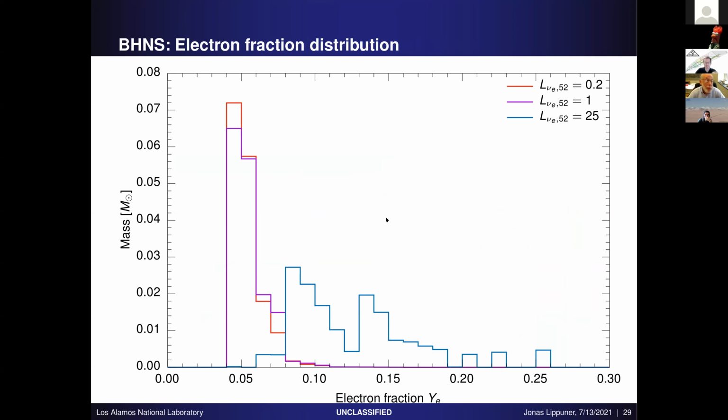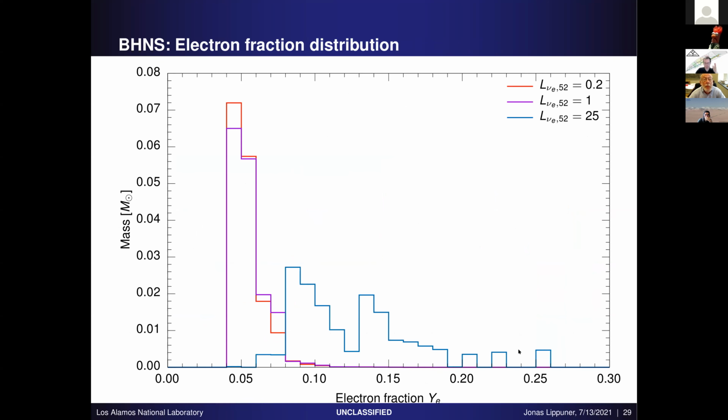Yes, so this is the electron fraction distribution with the different luminosities, and you can see that in the blue case, where we have the highest neutrino luminosity, we do get much more material that's more neutron poor, where the electron fraction is pushed up to like 0.25 or so.